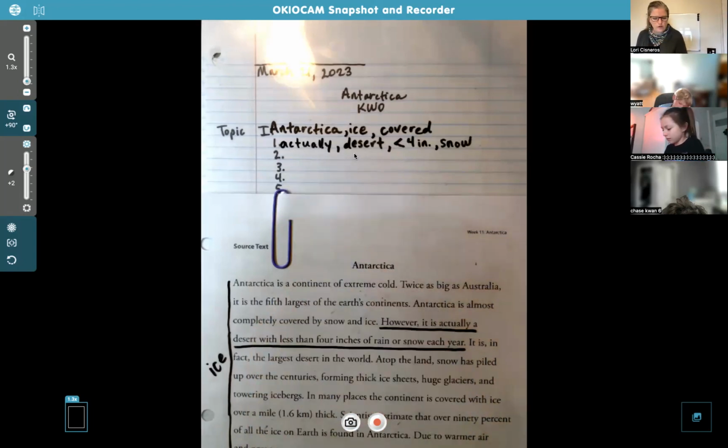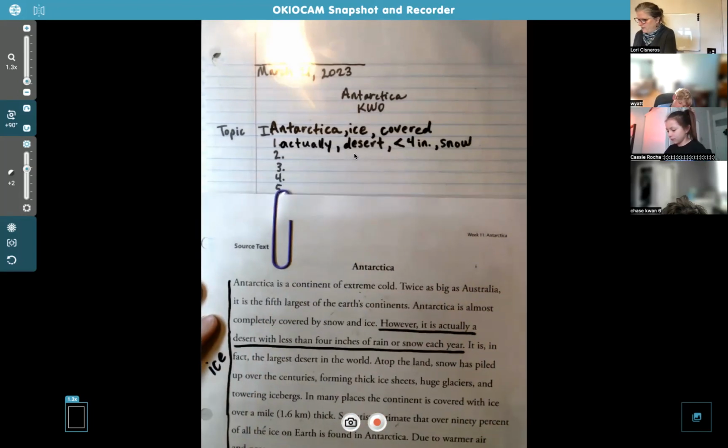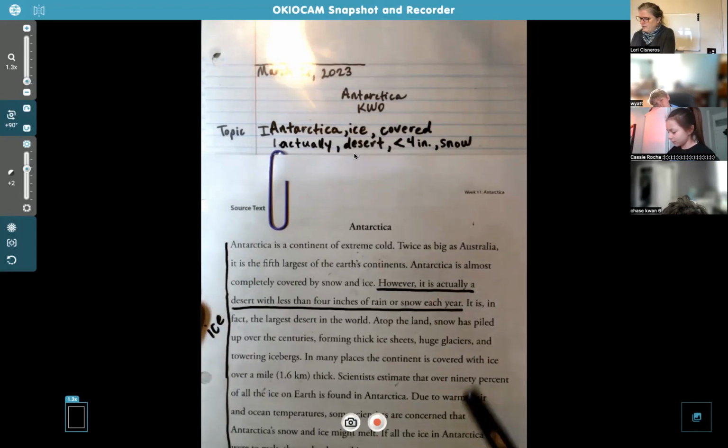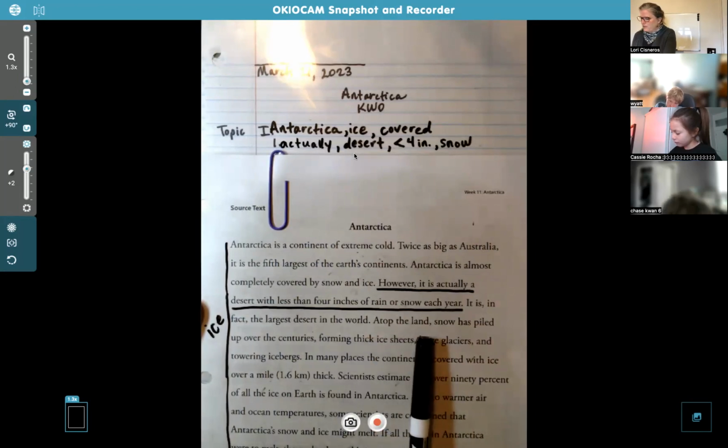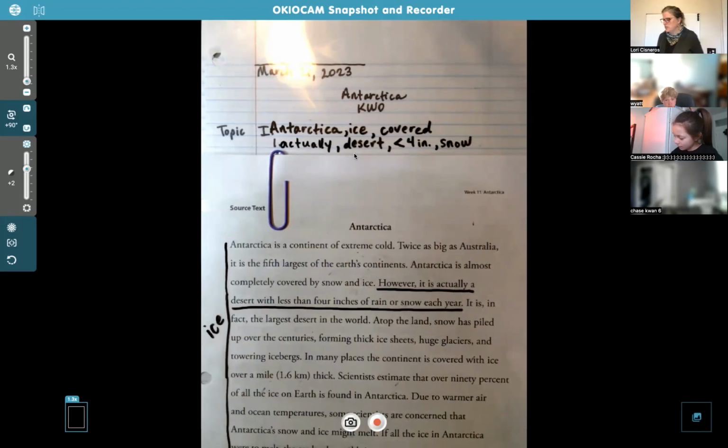We have 4 more to go for Roman numeral 1. So let's keep reading. It is, in fact, the largest desert in the world. That's talking about the size again. We only want to keep it about the ice right now, or the snow. Atop the land, snow has piled up over the centuries, forming thick ice sheets, huge glaciers, and towering icebergs.